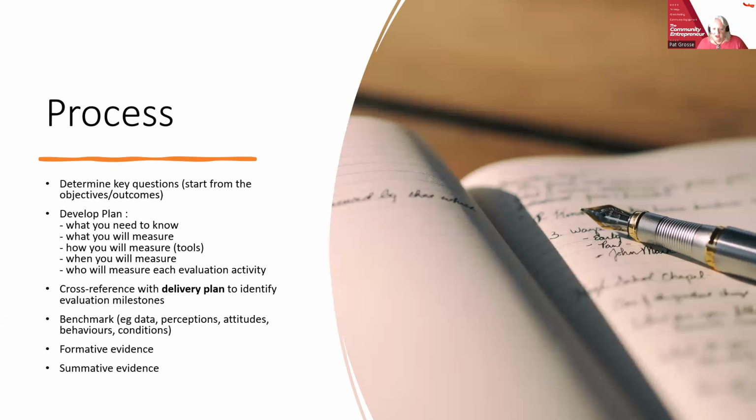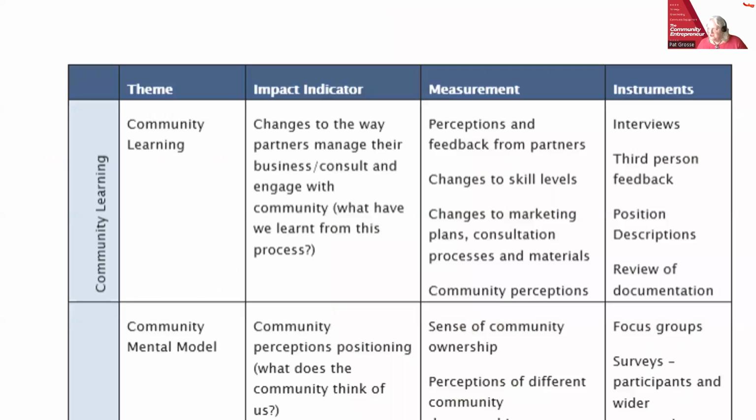So what does it look like? The plan I'm going to send you is going to be more detailed, but for this one, our theme was community learning. The indicator was changes to the way the partners manage their business. The measurement was perceptions, feedback from partners, changes to skill levels.